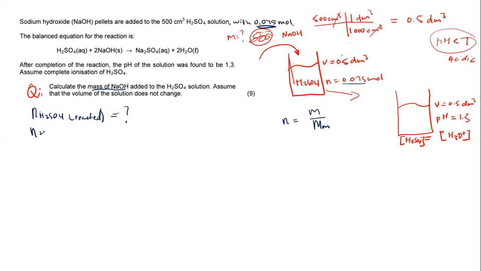We also do not know the number of moles in excess. We only know the number of moles of H2SO4 initial, which is 0,075 moles. So the number of moles reacted plus the number in excess, when we add them together, gives the initial number of moles.